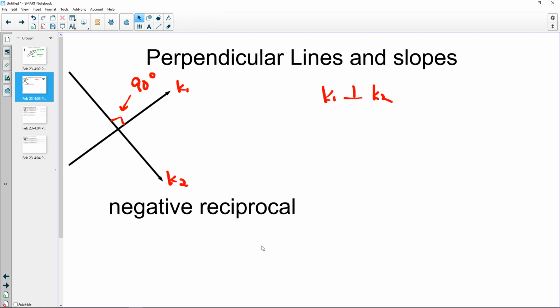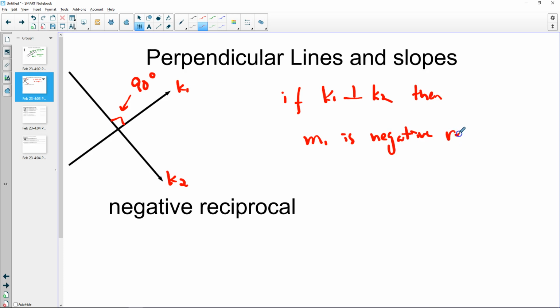If two lines are perpendicular to each other, then their slopes, M1 and M2, will be negative reciprocals of each other. So if K1 is perpendicular to K2, then M1 is the negative reciprocal of M2.